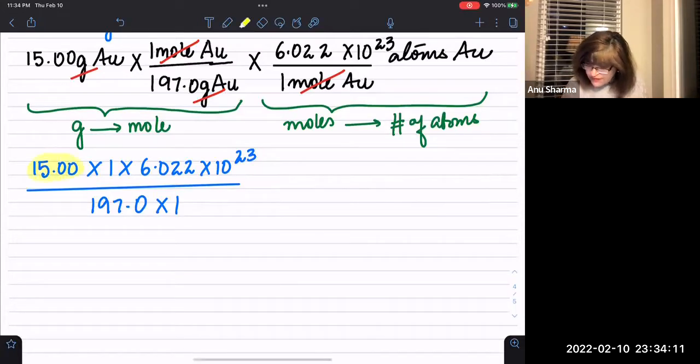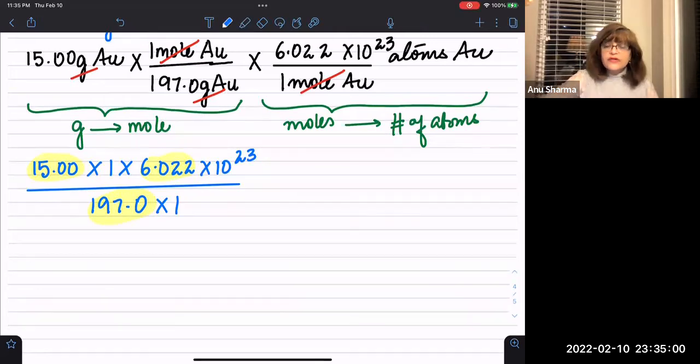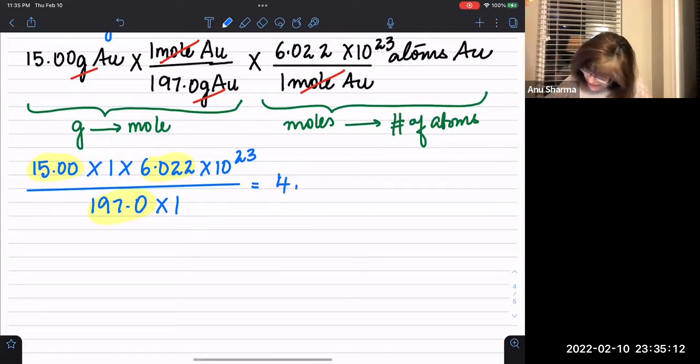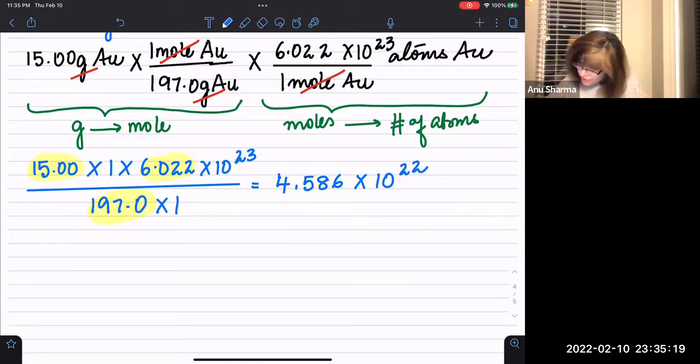Now since we are multiplying, we look at the lowest number of significant figures. These are 4 significant figures, these are 4 significant figures, and 197.0 is also 4 significant figures. Let's see what we get. When we do the math, 15 times 6.022 divided by 197, and then you move the decimals around, you get 4.586 times 10 to the power 22 gold atoms.